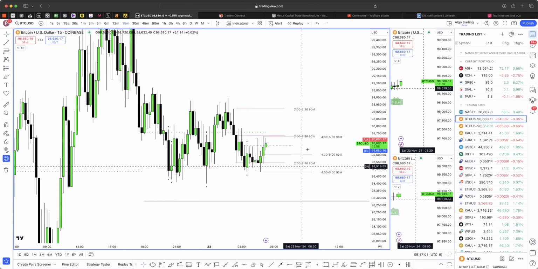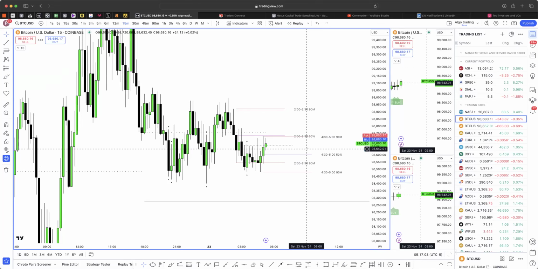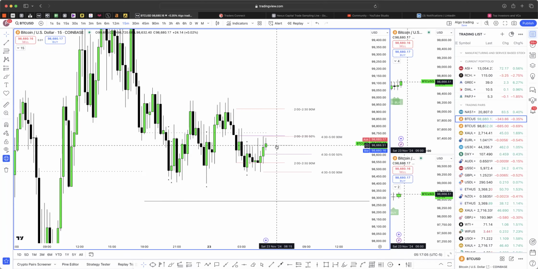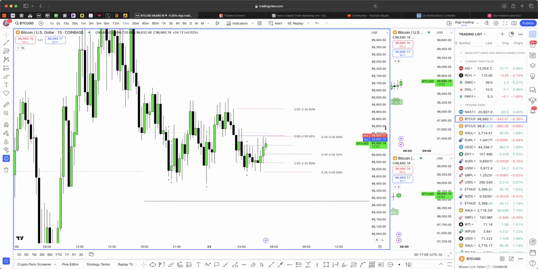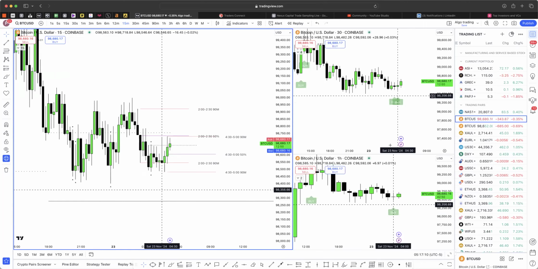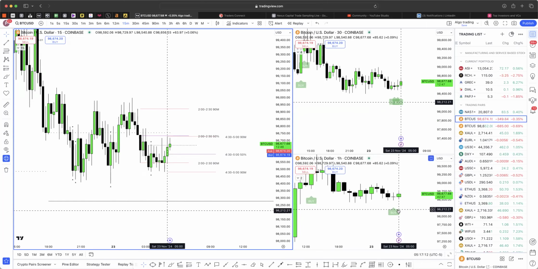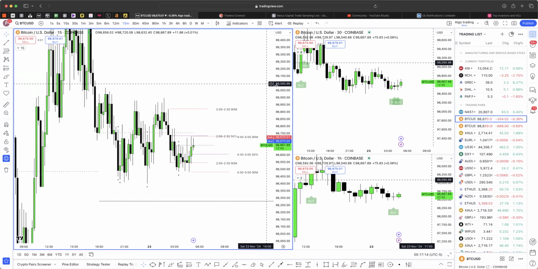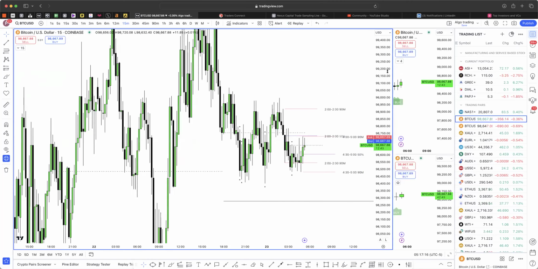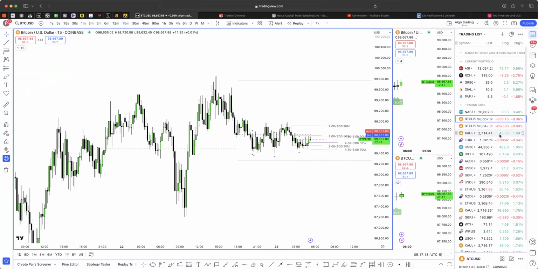So you can use all of this information, all of these data points, to buy and sell accordingly, along with the entry algorithm on the 30-minute chart and the 1-hour chart.